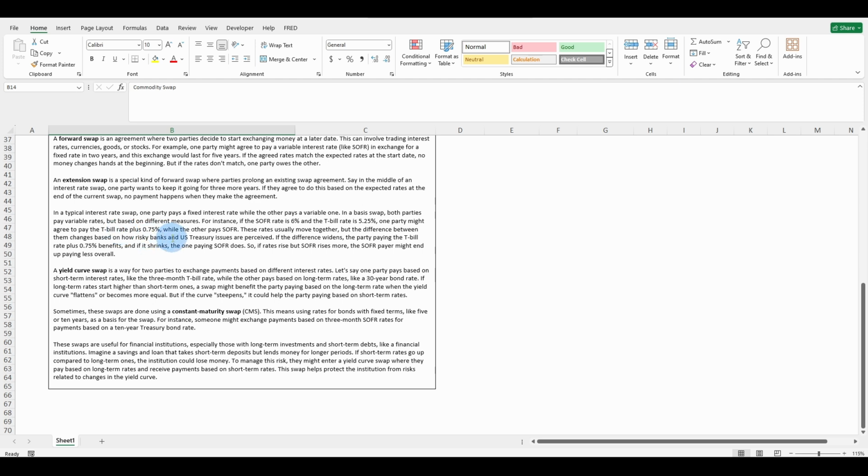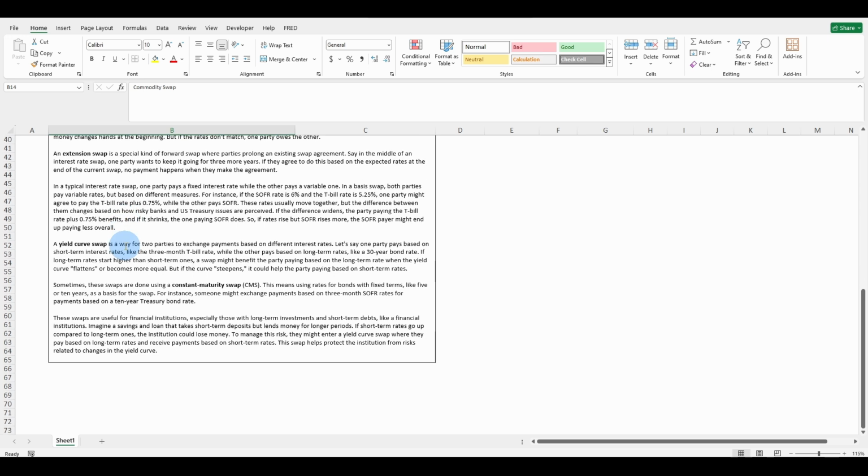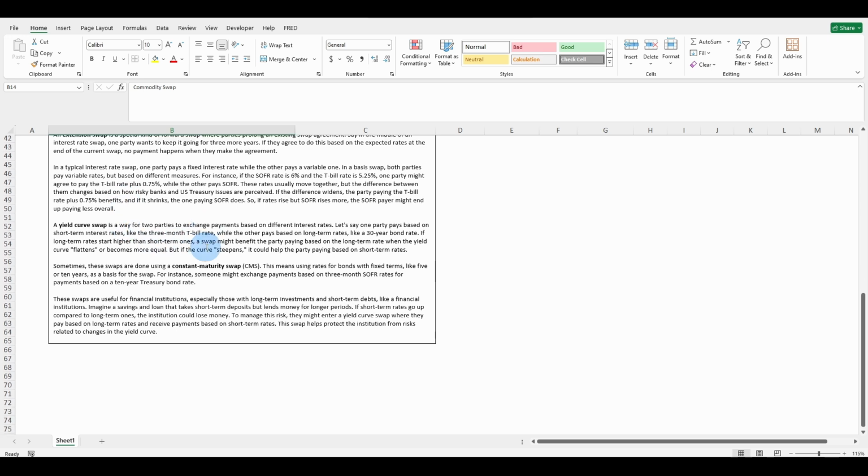These rates are usually moved together, but the difference between them changes based on how risky banks and U.S. Treasury issues are perceived. If the difference widens, the party paying the T-bill rate plus 0.75 benefits. And if it shrinks, the one paying SOFR does. If rates rise but SOFR rises more, the SOFR payer might end up paying less.